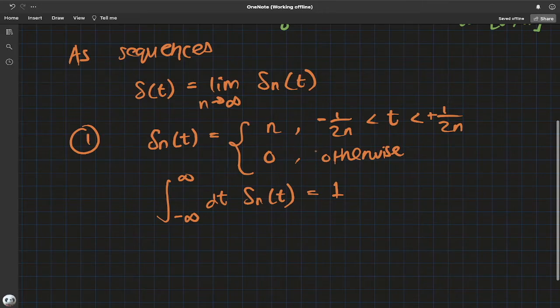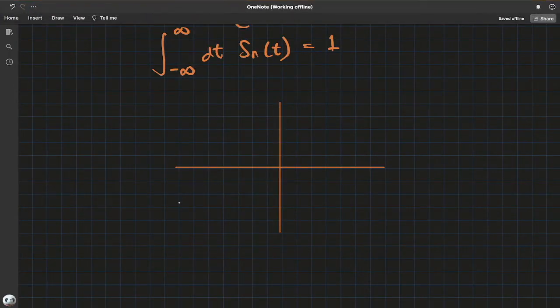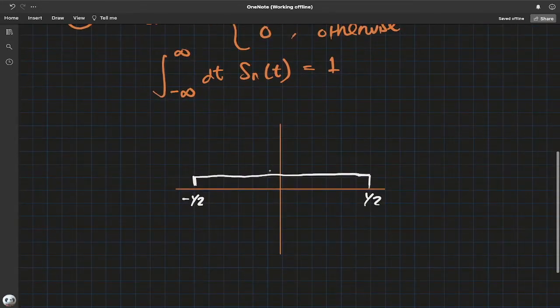Let me actually try to construct a graph for this. Again, I'm trying my best to draw here. For delta sub 1, it's going to look a little like this. This is negative 1/2, plugging in n equals 1, with a height of 1, and this is delta sub 1 of t.